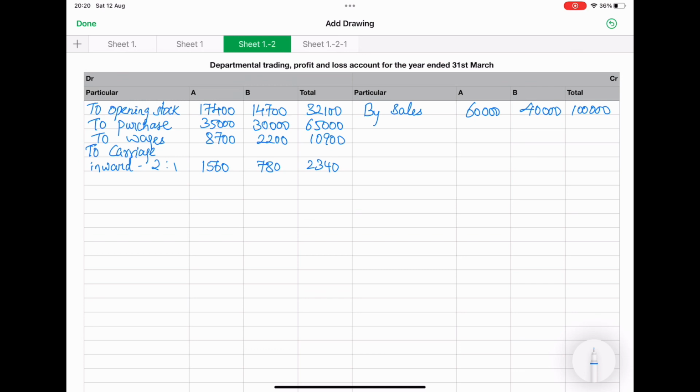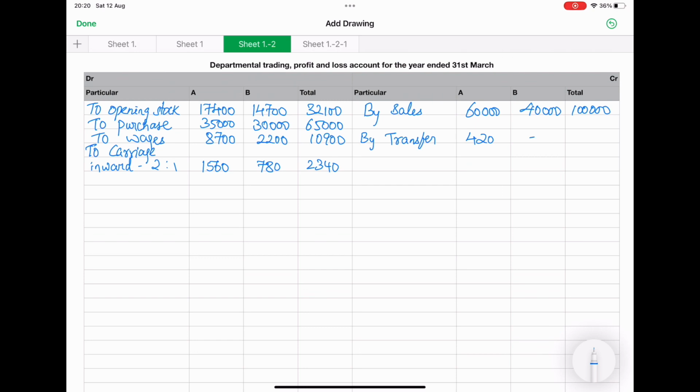Next, in the additional information they have mentioned interdepartmental transfer of goods from department A to B. So for department A we are going to consider it as sales. So by transfer for A we are going to write 420 as the value.